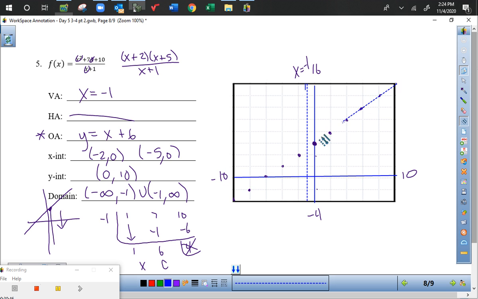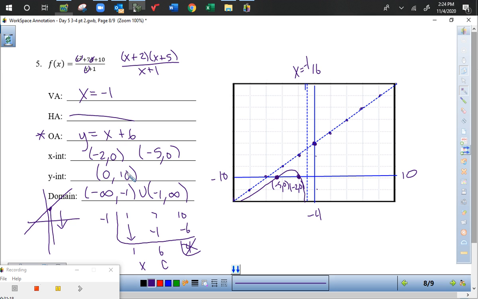Then we can connect those. Okay, and it looks like, for the most part, this is pretty dang close to the middle. It's not perfect, but it's not bad either. Then plotting our points, we have -2, 0, -5, 0, and we can go ahead and connect that curve because there's 2 points.